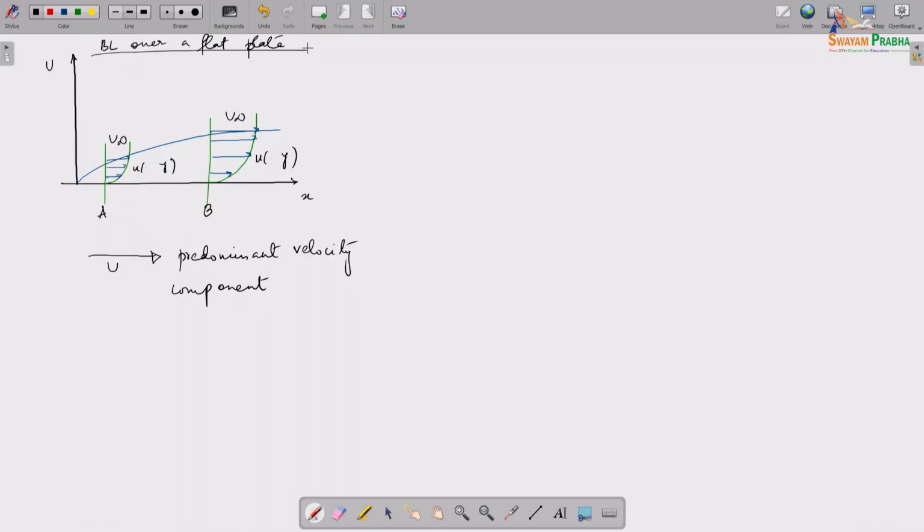This is quite interesting, right? So this is the predominant velocity component, and the velocity primarily varies in the y direction. And the velocity profile is self-similar.